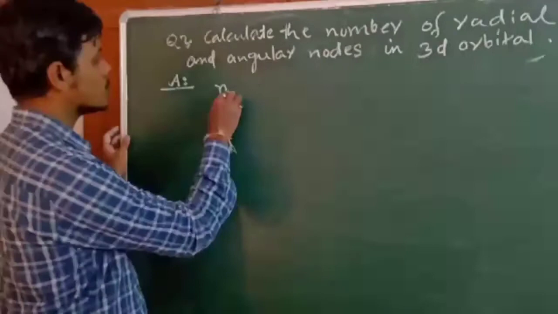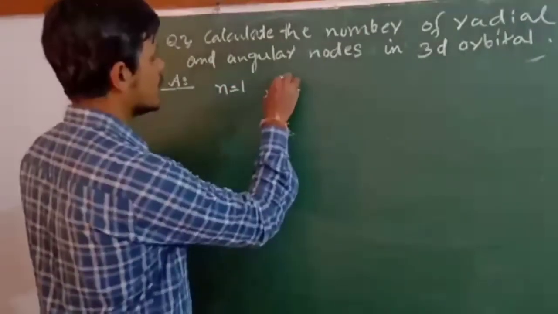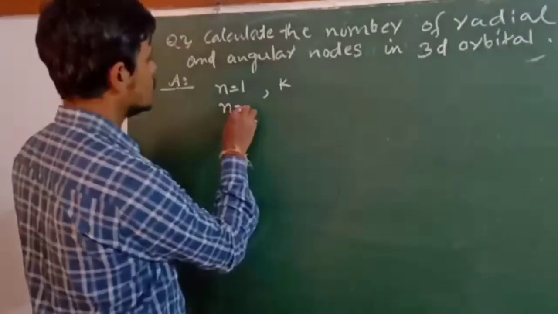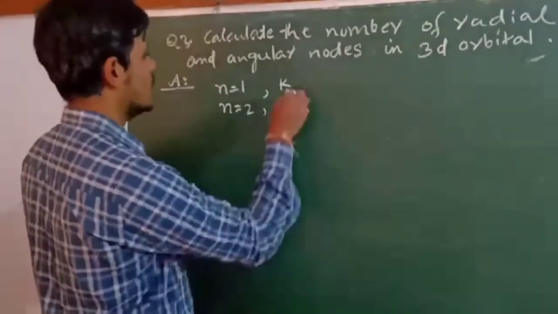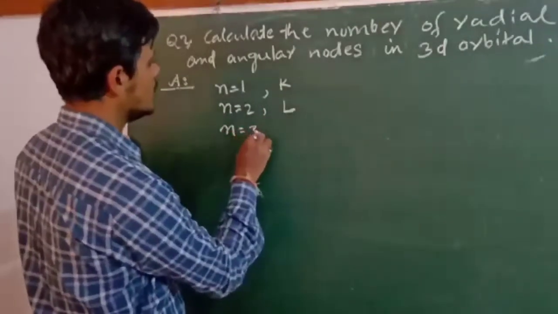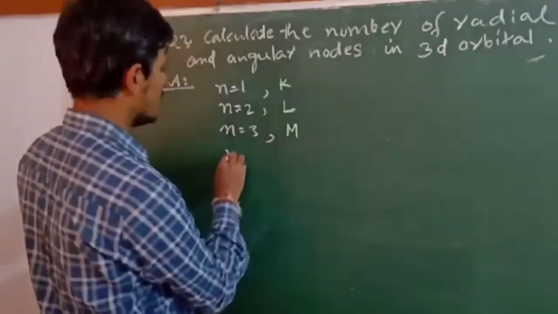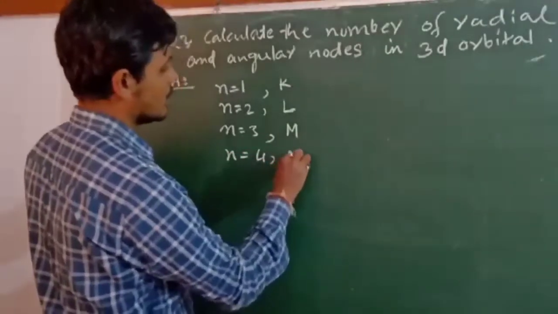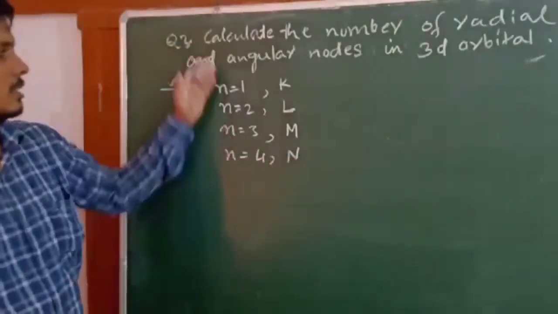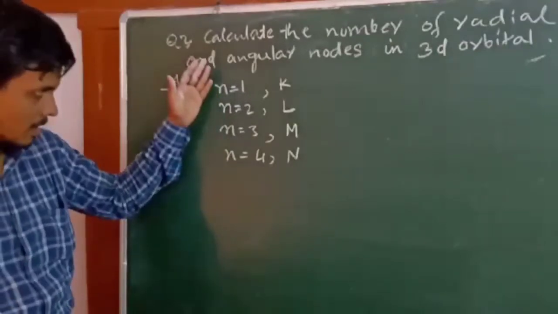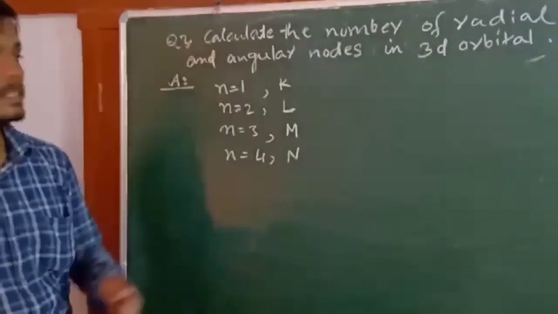For example, if n equals 1, it will be in the K shell. N equals 2, it will be in the L shell or L orbit. N equals 3, the electron will be in the M shell. N equals 4, the electron will be in the N shell. So this tells me about the shell in which the electron is present.